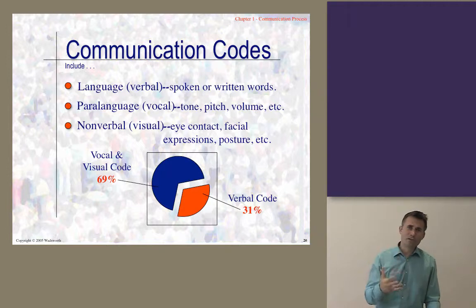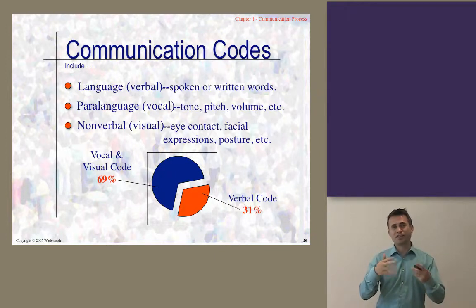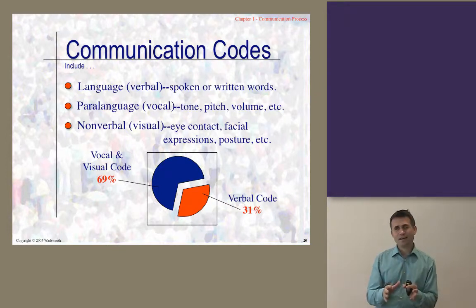Then code number 2, or the second code, is called a paralanguage code, or if you wish, vocal code. That means these do not carry the exact meanings, the definitions of the word itself, but instead it is something that is sounded.